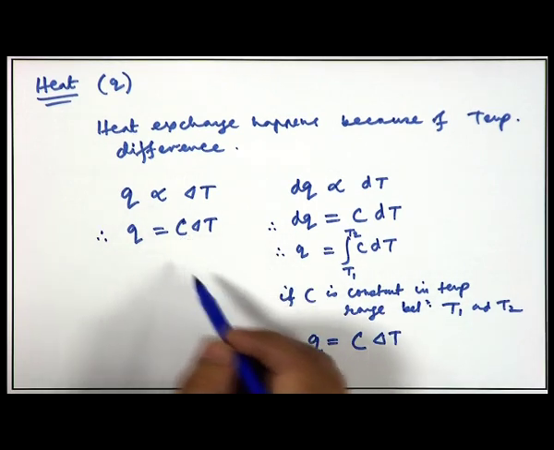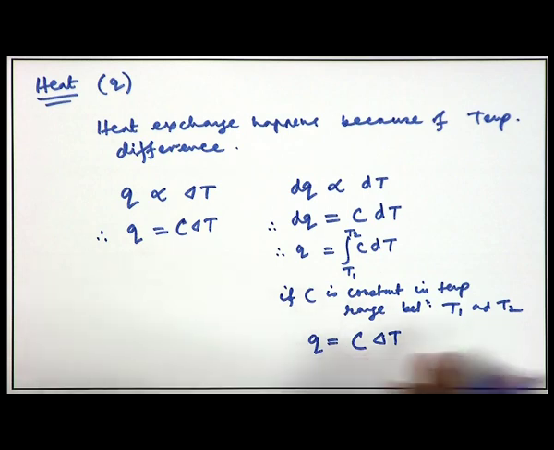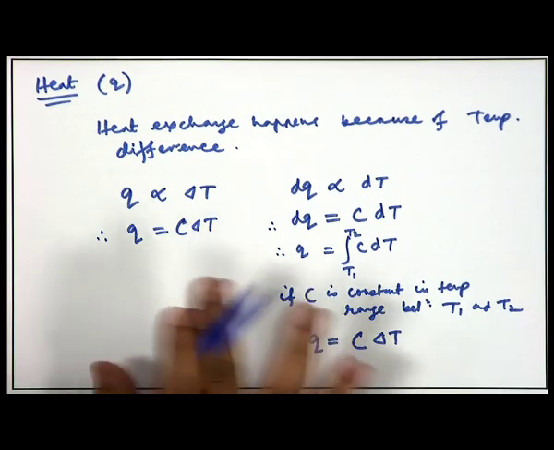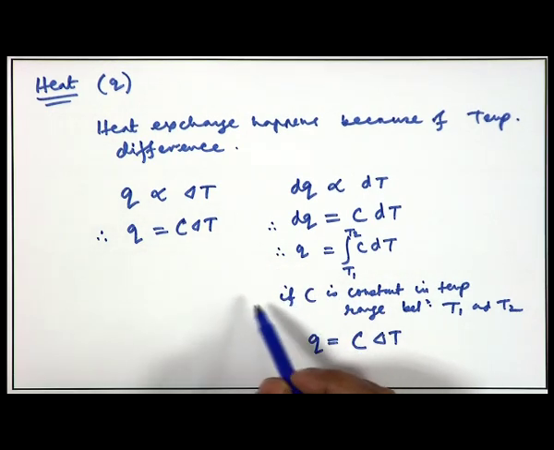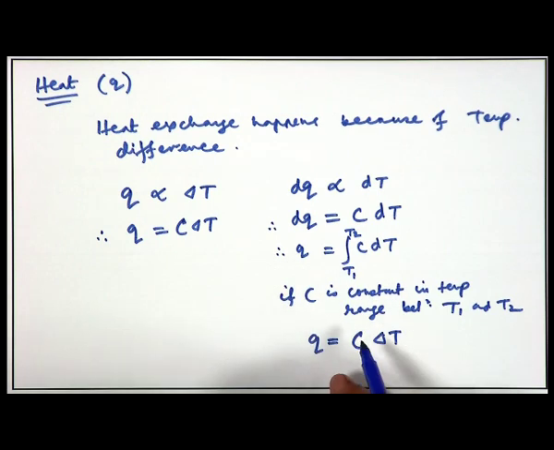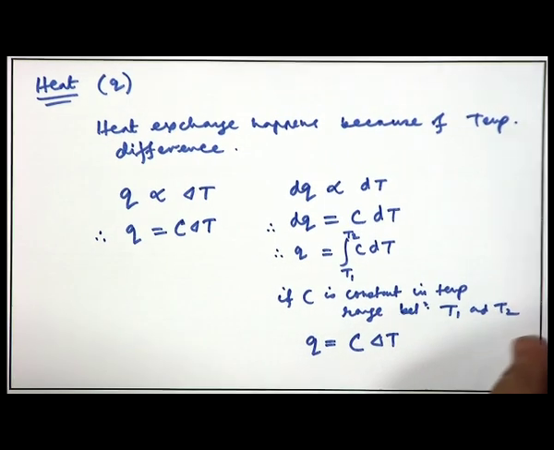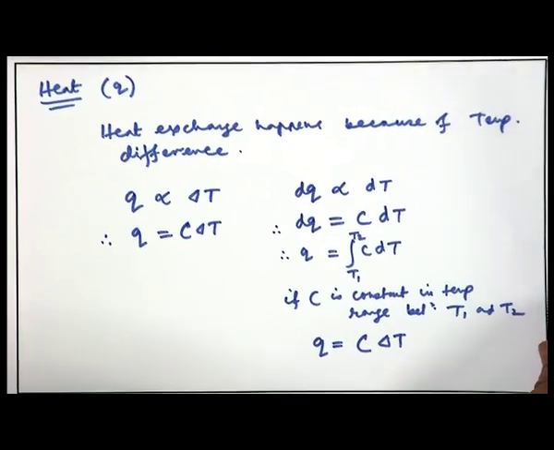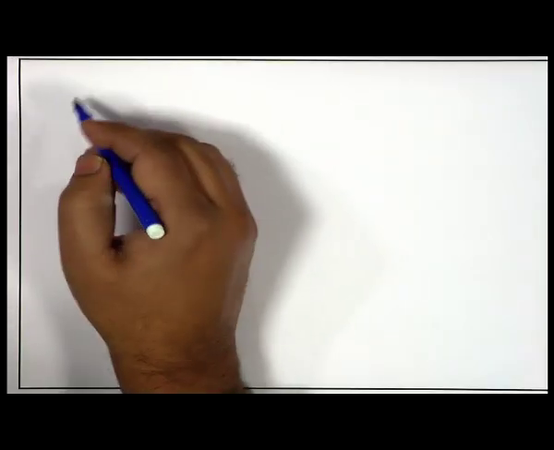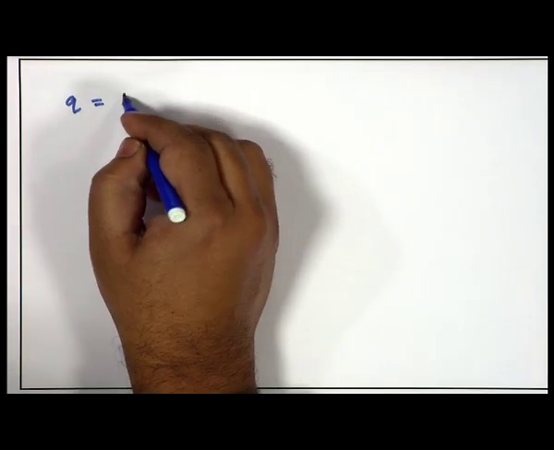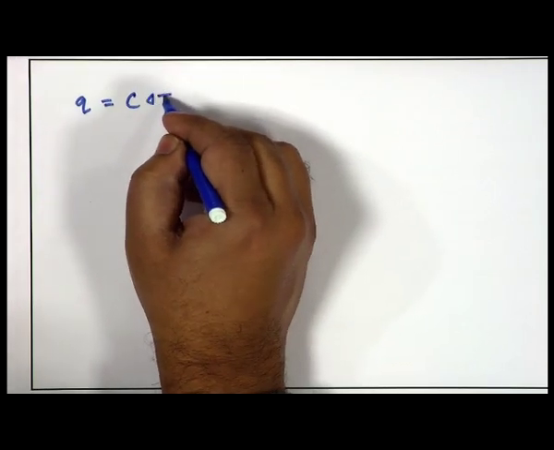In this unit we will consider that C is independent of the temperature range we are talking about. So, we now know that Q is C del T.